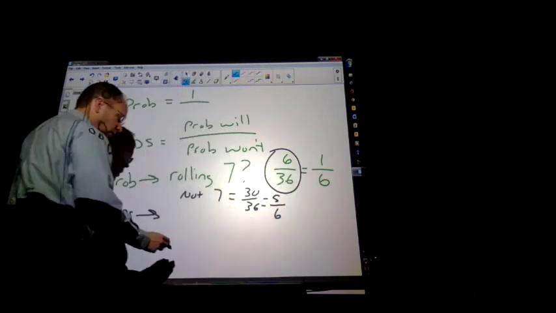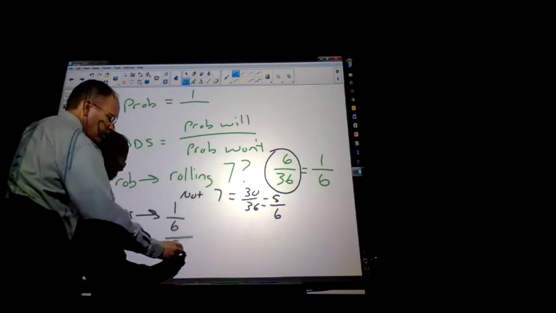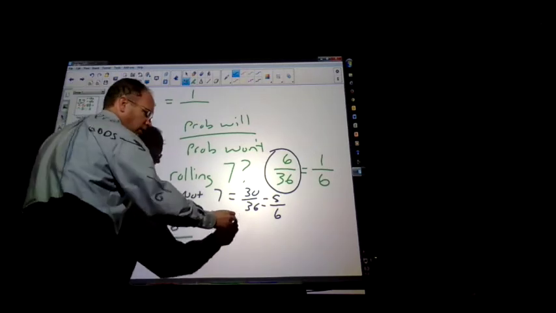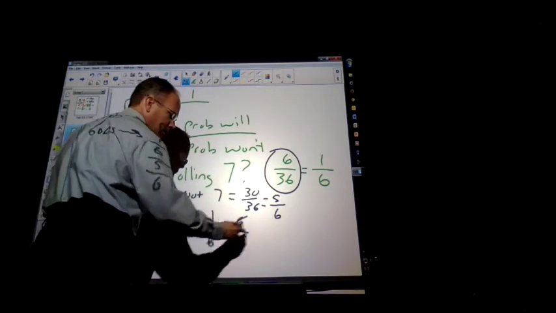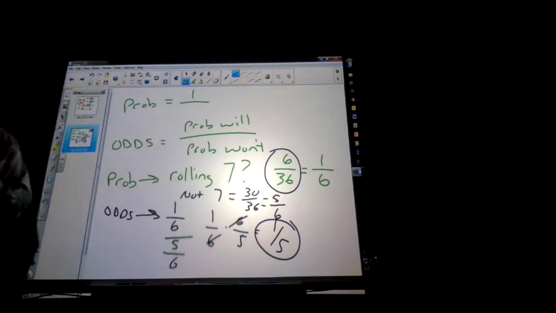So the odds would be the probability of rolling a 7, 1 over 6, flip over the reciprocal, so 1 over 6 times 6 over 5. So a fair game payout on a 7 is for every dollar you bet you would win $5.